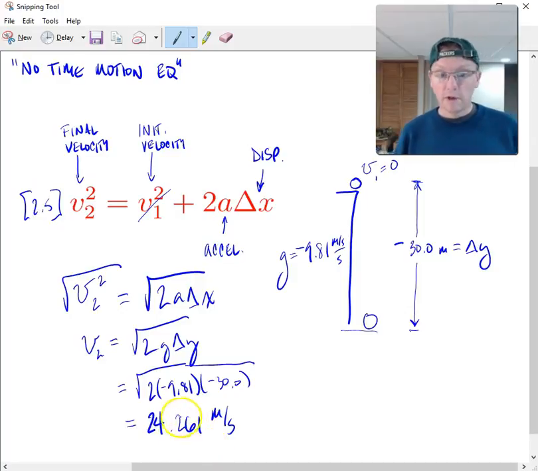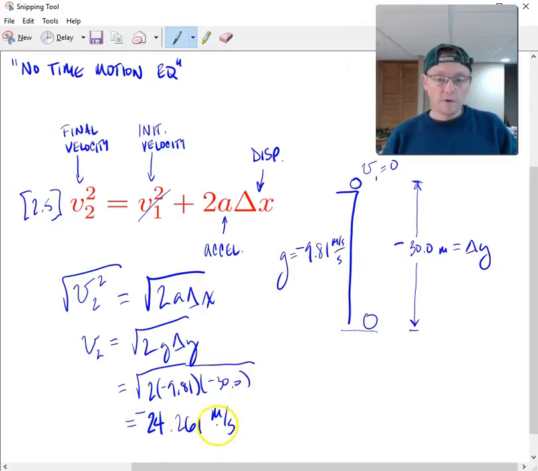Now, technically, we would have to remember that this is in the negative direction here, because it's moving downward. Just keep that in mind. Even though this is giving us a speed, you want to make sure to answer in a velocity, right? So you need a direction there.